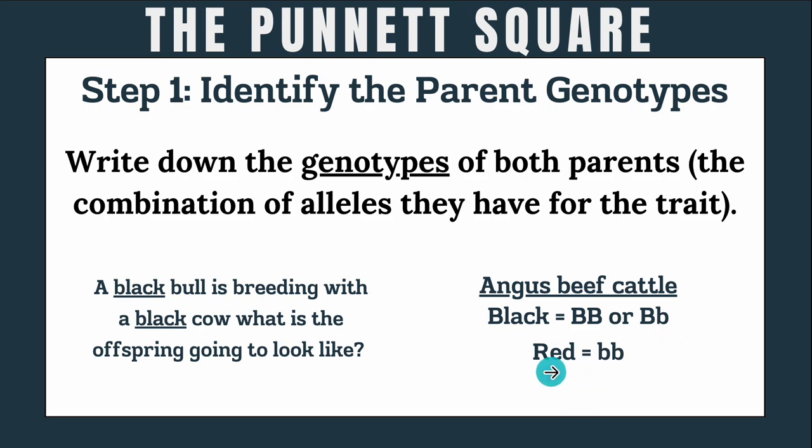Red is homozygous recessive, lowercase b. So we know that with a black cow and a black bull, we're going to have either capital B's or heterozygous. So we're going to have a homozygous dominant or heterozygous genotype. So we're going to look at either one of these for our parent genotypes.